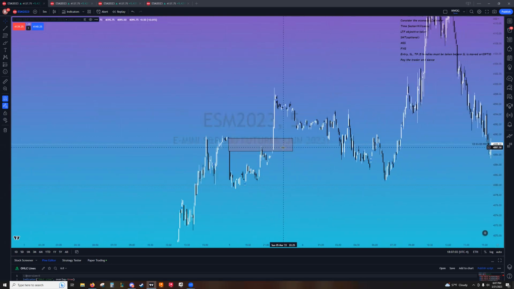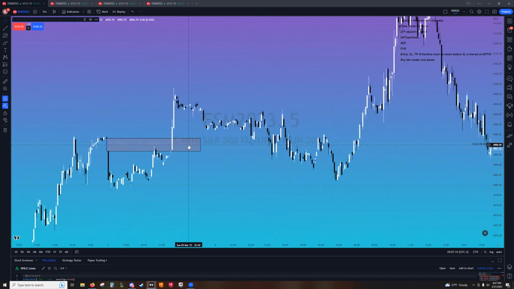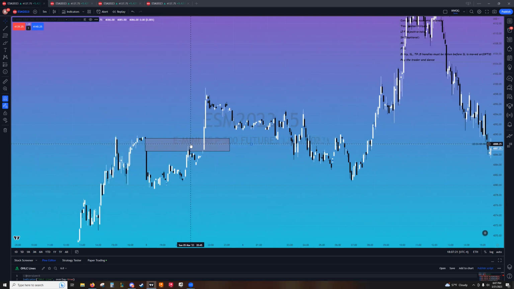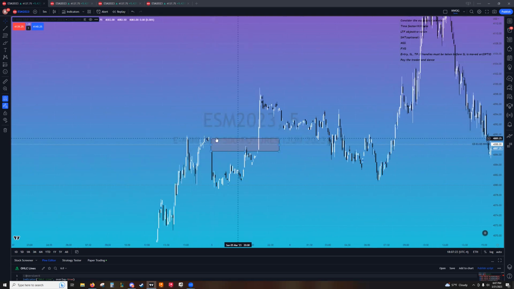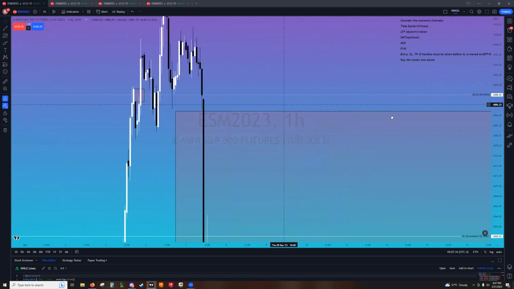If you go to a large time frame, like 1 hour, you will know more clearly what the previous close or previous support was.